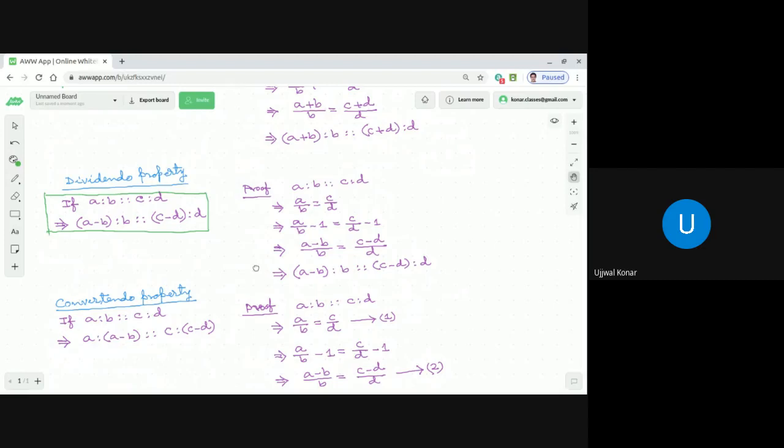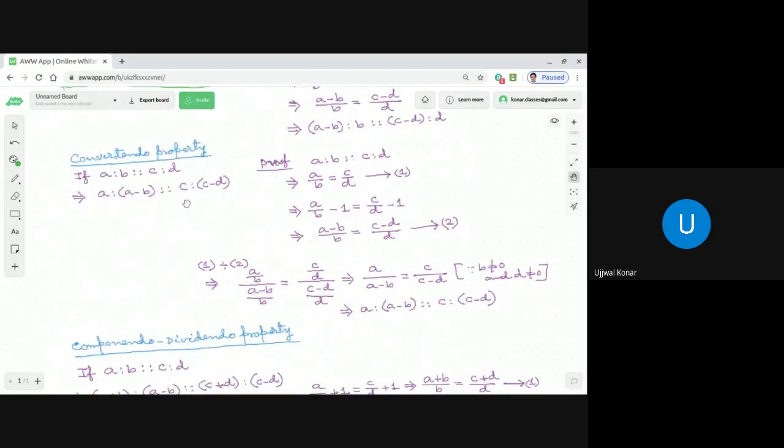The next property we learned today is called the convertendo property. Convertendo property says that if A is to B is equal to C is to D, then A is to A minus B is equal to C is to C minus D. This is known as the convertendo property.